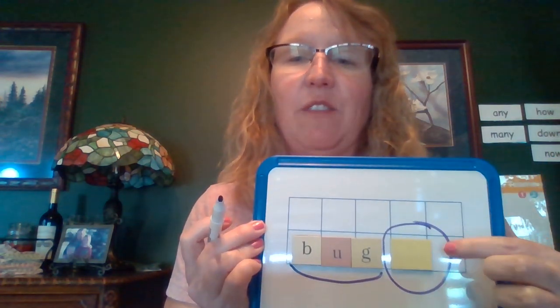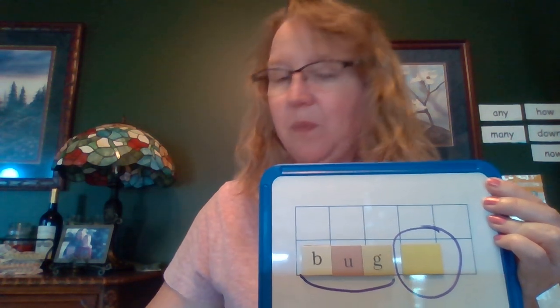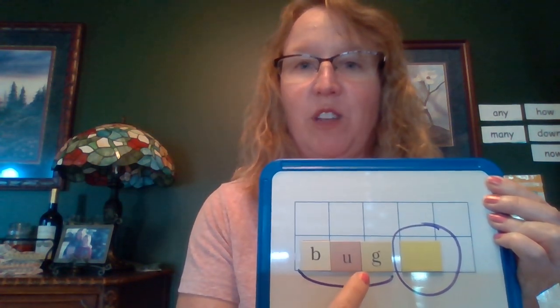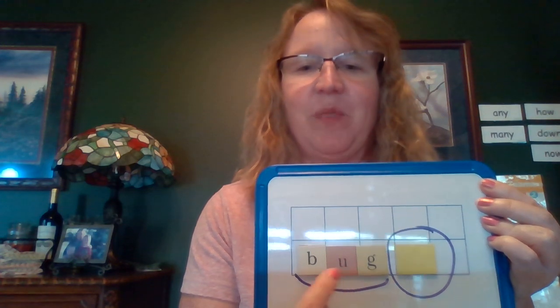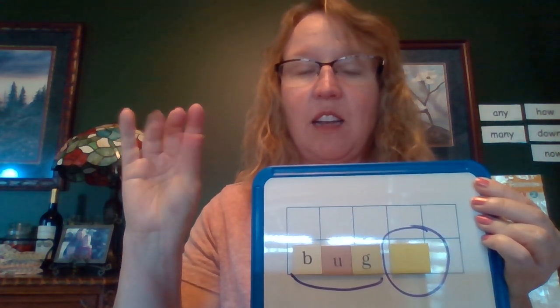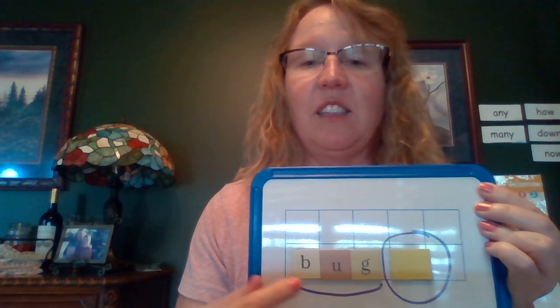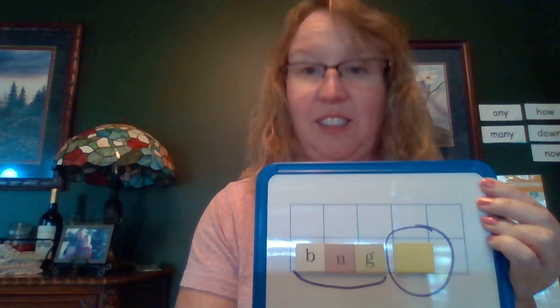In this case, the suffix is S. So the first thing we do is we tap out, which we can do really quickly. That's an easy word for us now, right? So it's B, U, G, bug. Now you say the whole thing, bugs. Okay, so it's bug, bugs, right?